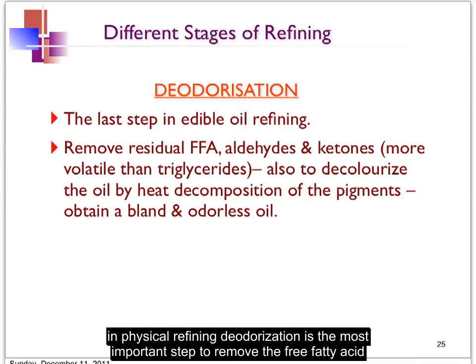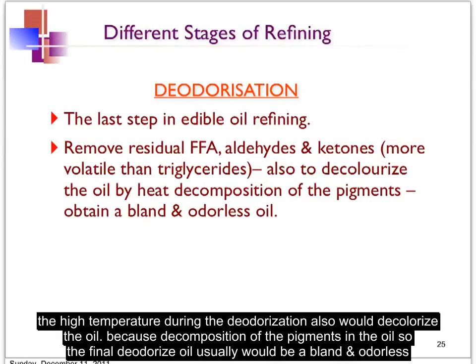In physical refining, deodorization is the most important step to remove the free fatty acid. The high temperature during the deodorization also would decolorize the oil because it will decompose the pigments in the oil. So the final deodorized oil actually will be bland and odorless.